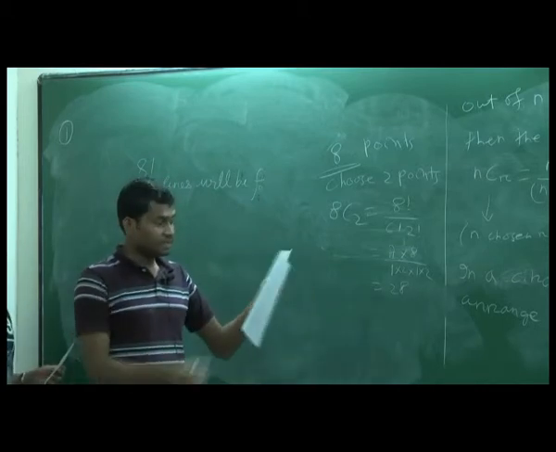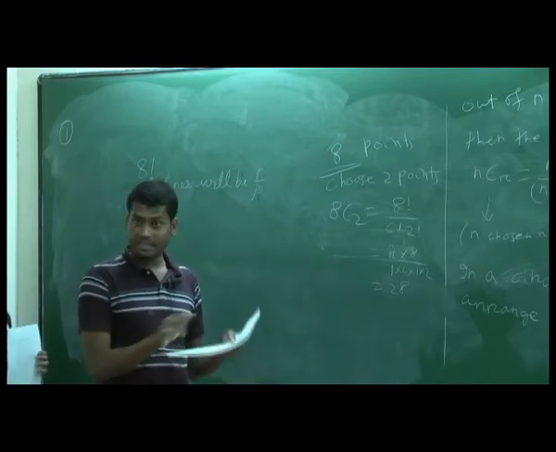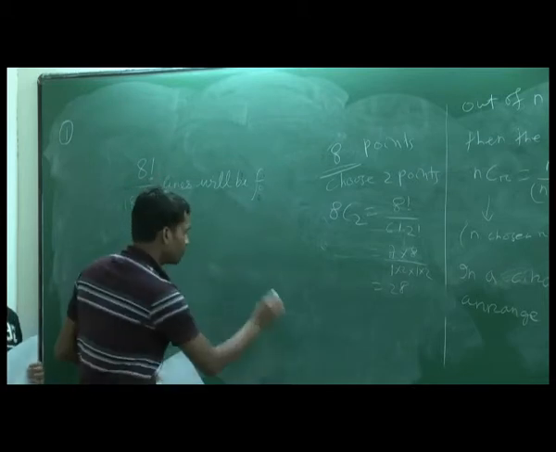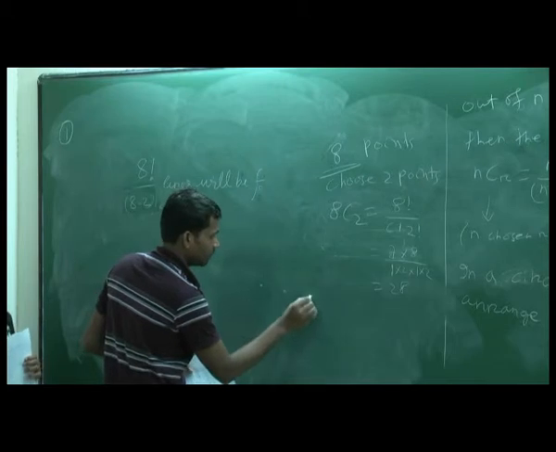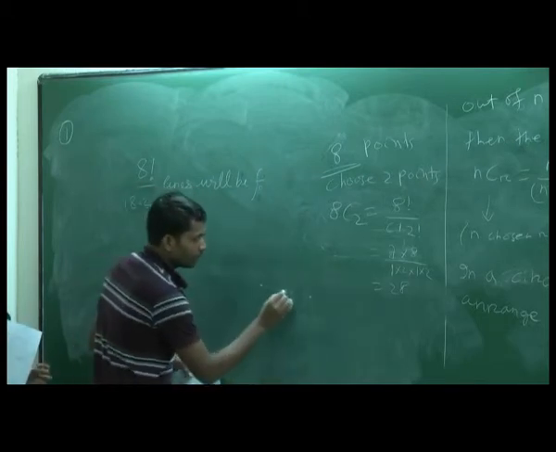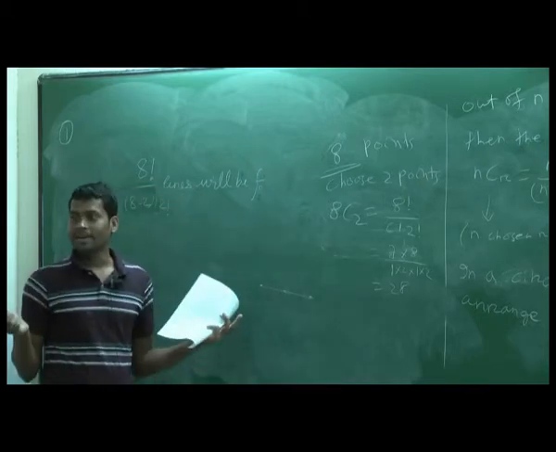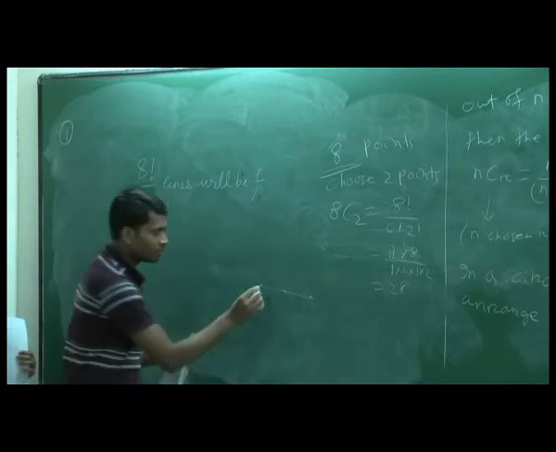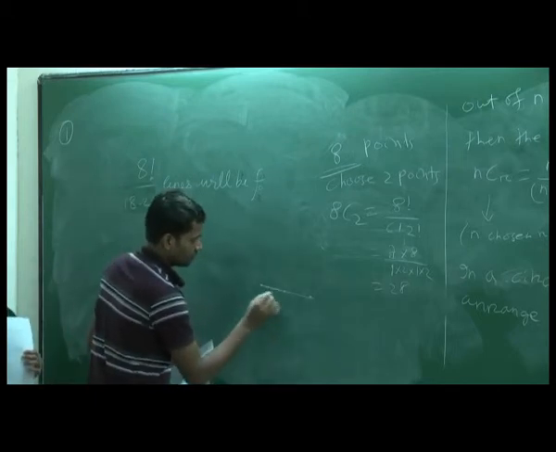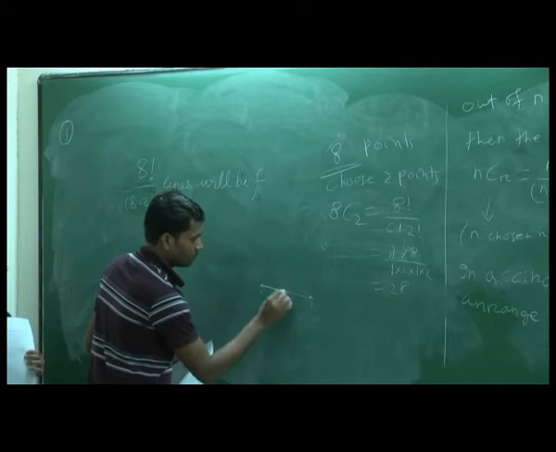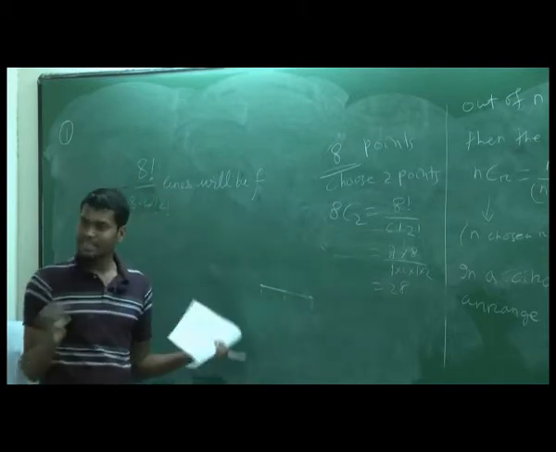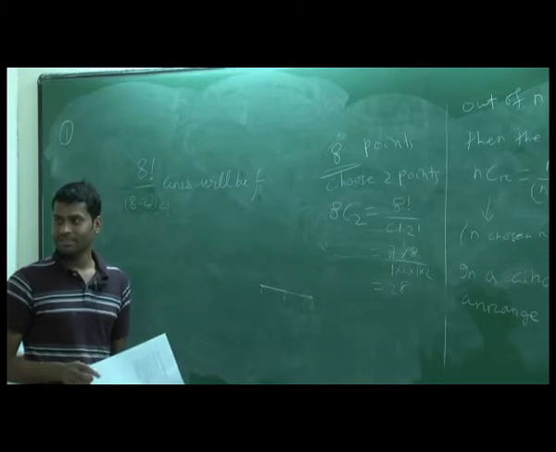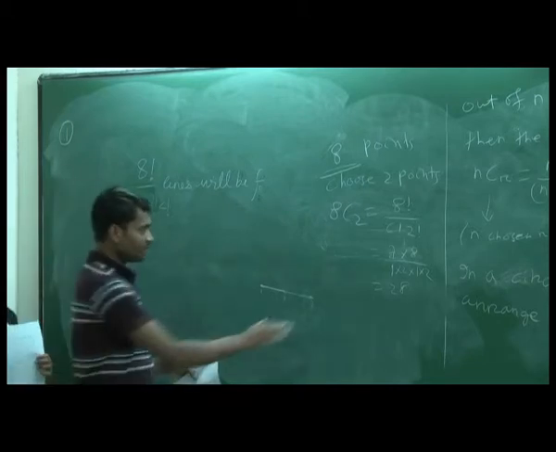So 28 ways. Since these 3 points are collinear, we can draw only one line. Lines 1-2, 1-3, 2-3 are the same line, right? So minus 3 plus 1.